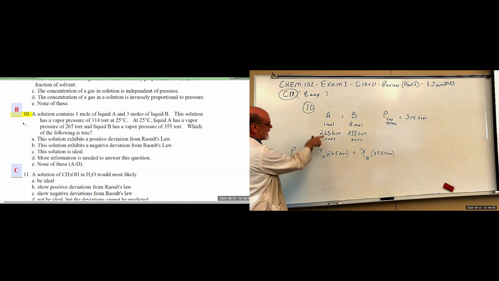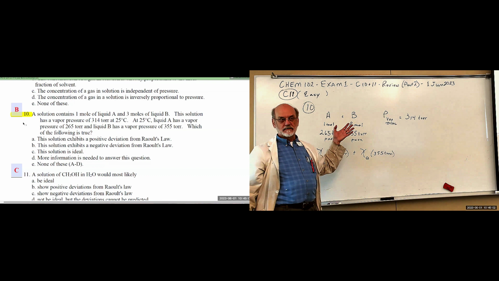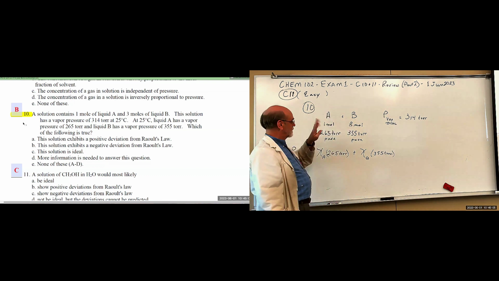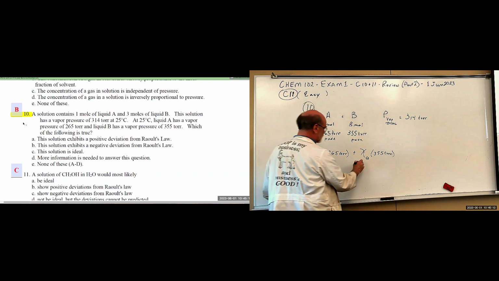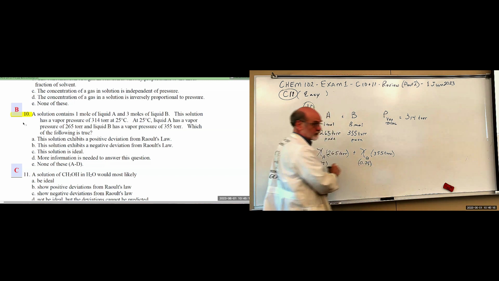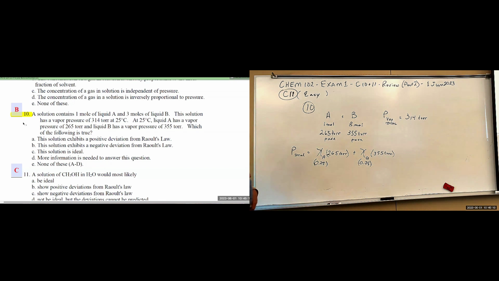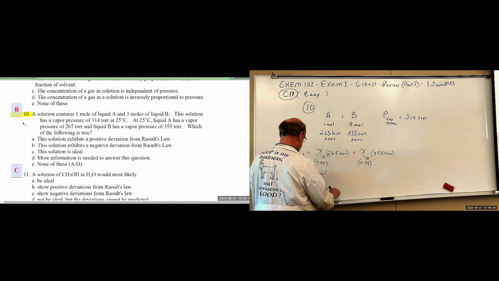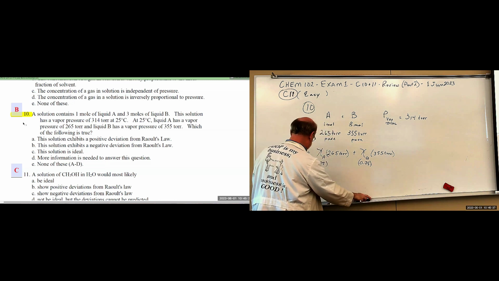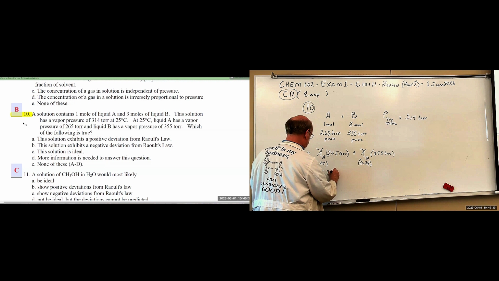So what's the mole fraction of A? Well, what's the total moles? 4, right? It's 1/4. So mole fraction is 0.25. That means the mole fraction of B has to be 0.75, because mole fractions have to add up to 1. 265 times 0.25 is 66.3 torr.